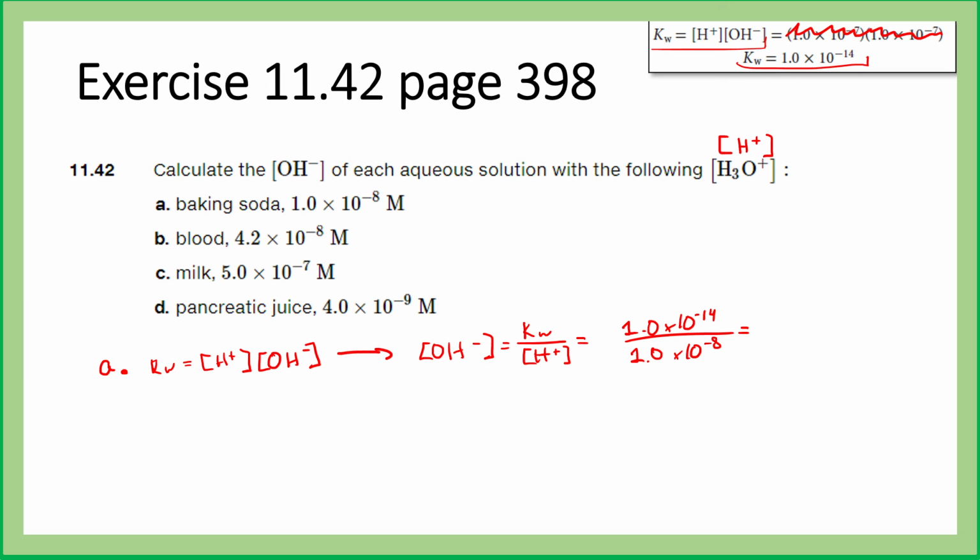Again, I recommend you do this in your calculator to practice, and the answer will be 1 times 10 to the minus 6. That is the hydroxide ion concentration. Let's check the number. Yes, it is correct. And it's a basic solution.